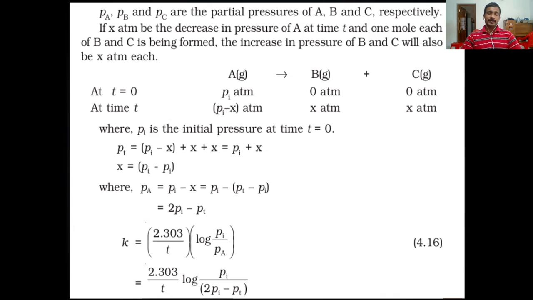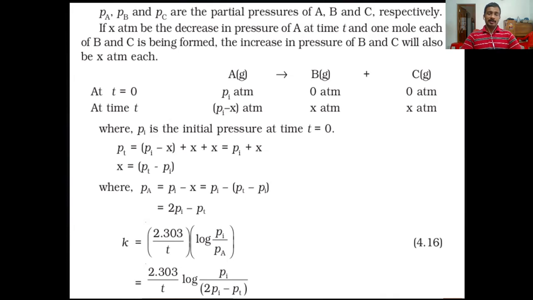That means partial pressure at time t minus initial partial pressure. So partial pressure of A is Pi minus x, equal to Pi minus (Pt minus Pi), minus minus plus, so 2Pi minus Pt. That is the partial pressure of A.